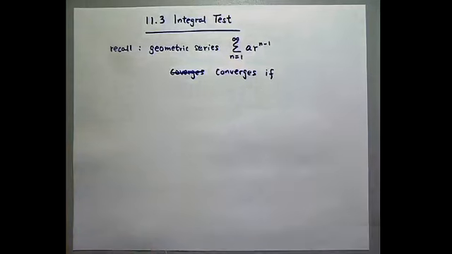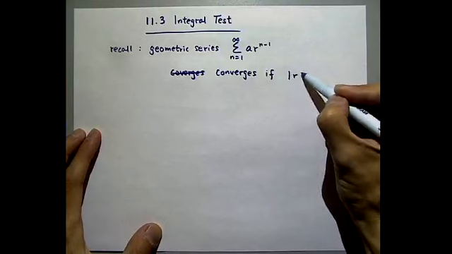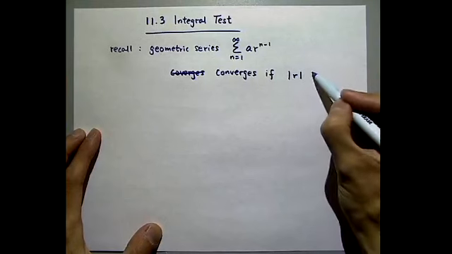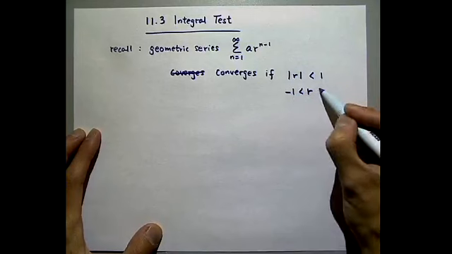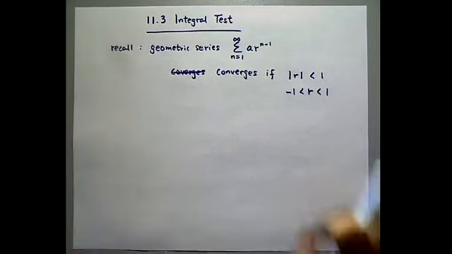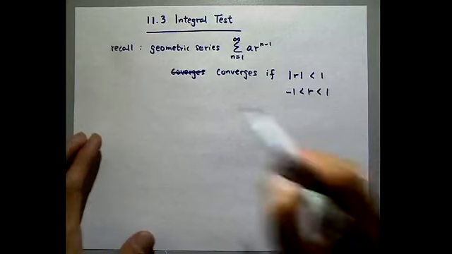So what has to happen for a geometric series to converge? Right, that the absolute value of the common ratio has got to be strictly less than 1. That also means R has to be between minus 1 and 1. Strictly. It cannot be equal to 1, cannot be equal to minus 1.